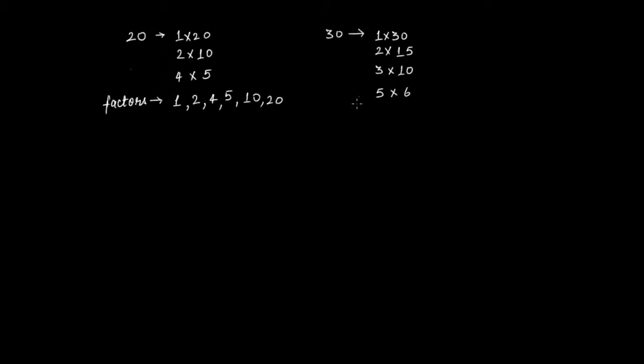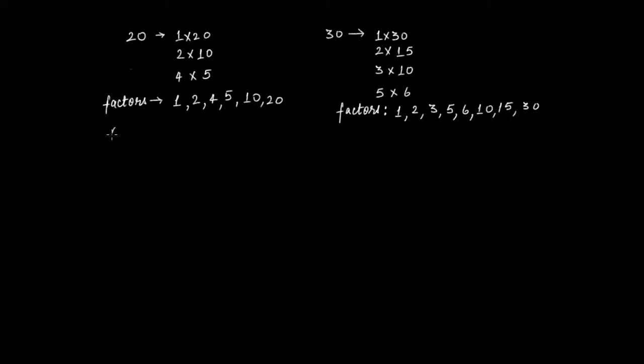No. So the factors of 30 will be 1, 2, 3, 5, 6, 10, 15, and 30. Okay, so we have factors of 20, we have factors of 30.